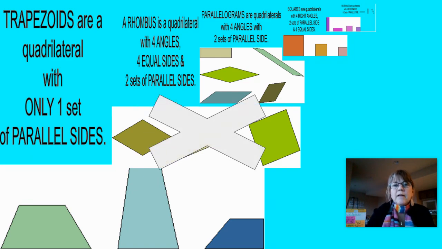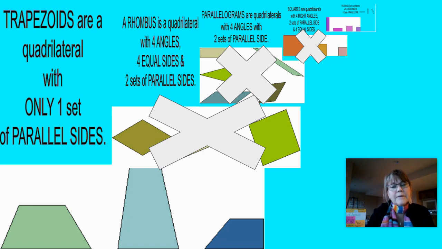Let's look at the parallelogram. 2 sets of parallel sides. Let's look at the square. 2 sets of parallel sides. I guess the square is not going to be the trapezoid's friend. And the rhombus, or the rectangle, I'm sorry, is also a shape with 2 sets of parallel sides.